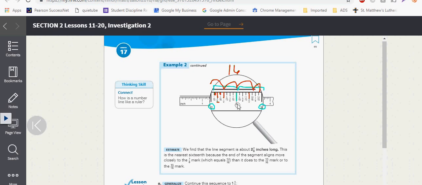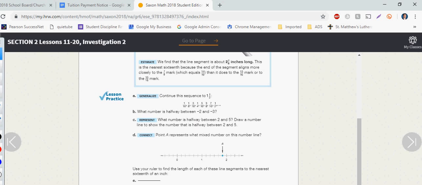So looking here, I see 1, 2, 3, 4, 5, 6 segments. Let me count again. 1, 2, 3, 6. So they divided this into sixths. Your denominator on letter D is going to be a sixth, and then you count how many spots. 1, 2, 3, 4, 5 is my numerator that gets me to the dot. Let's do just D through G, please. All right?